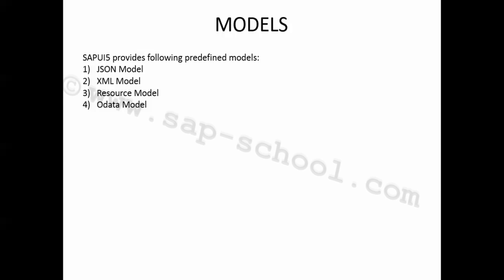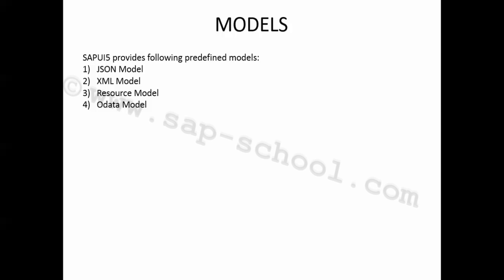The XML model does not contain the mechanisms for the server-based paging or loading of the deltas. Then the resource model is designed to handle the data in the resource bundles, mainly to provide the text in different languages. Then the OData model enables the binding of the controls to the data from OData services.